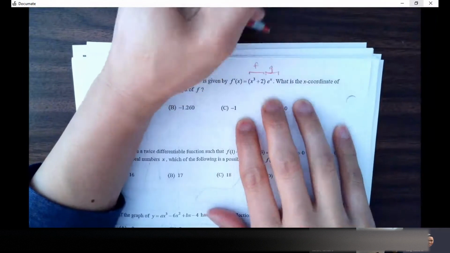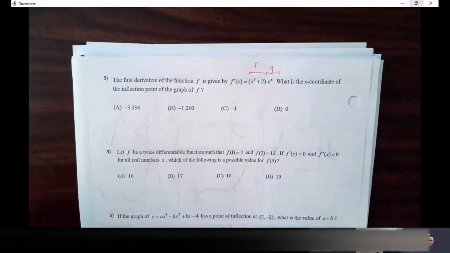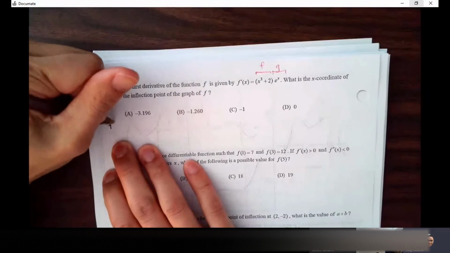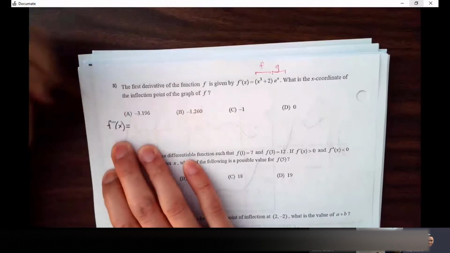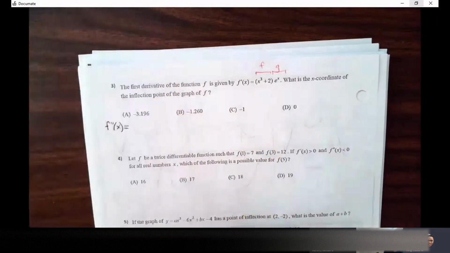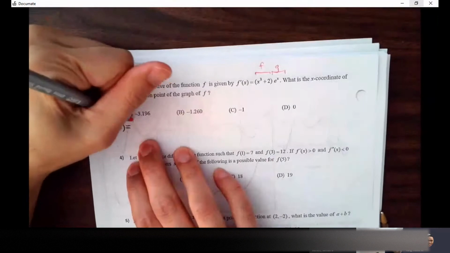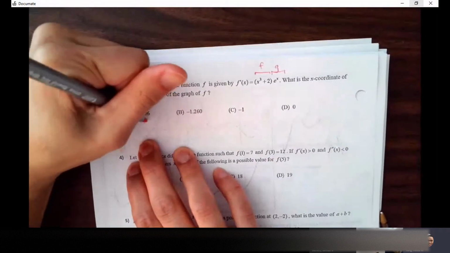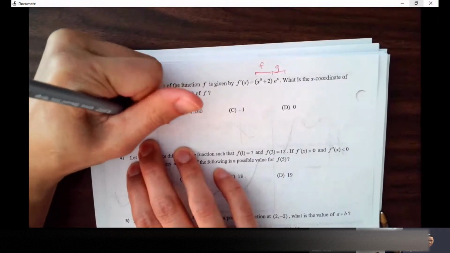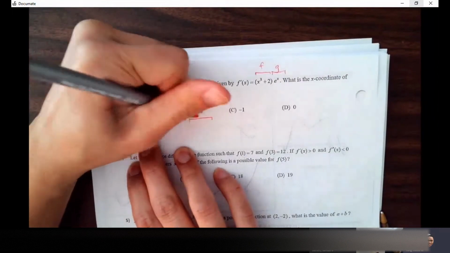F and G. So I'm going to spell out product rule here. F prime times G plus F G prime.